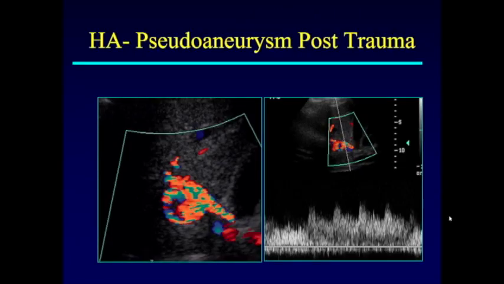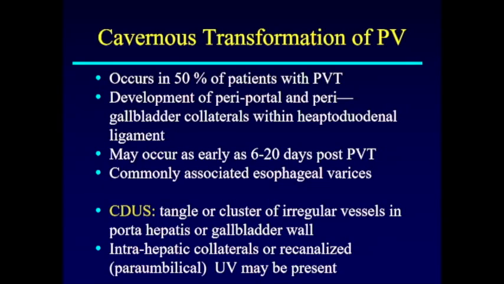This is a patient who had undergone a wound to his abdomen, and his portal vein and hepatic artery area looked like this. Here's the hepatic artery, and there was this pseudoaneurysm post-traumatically, accounting for the focal enlargement of the portal vein.